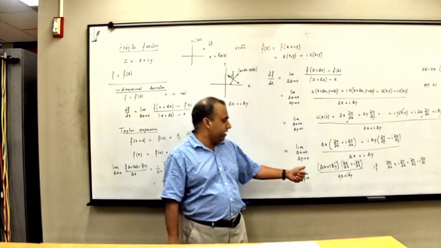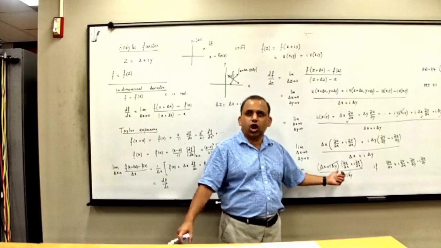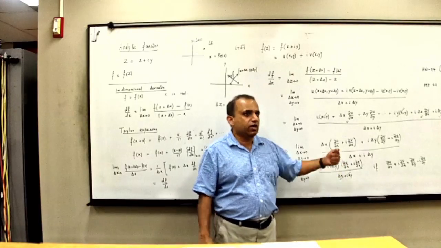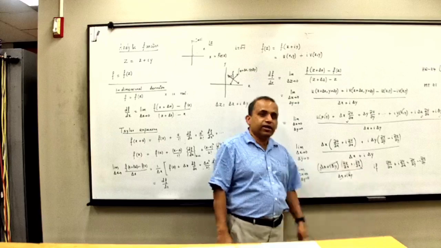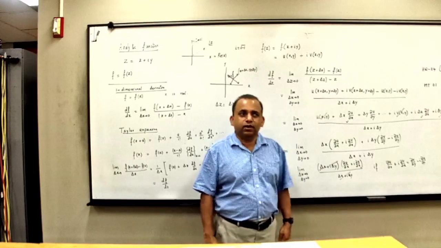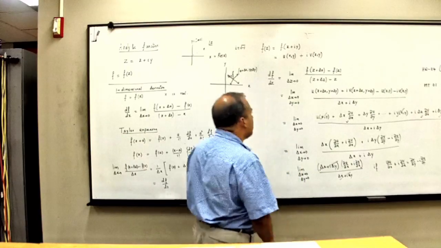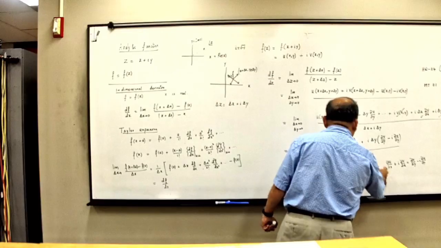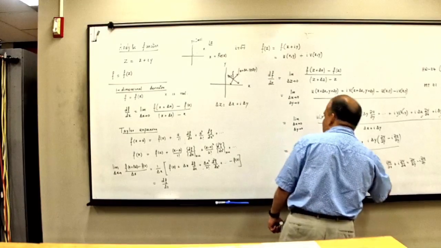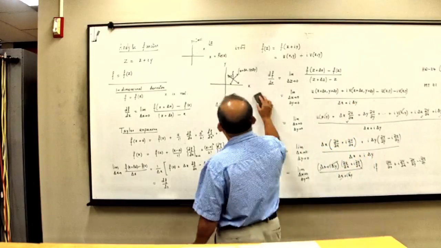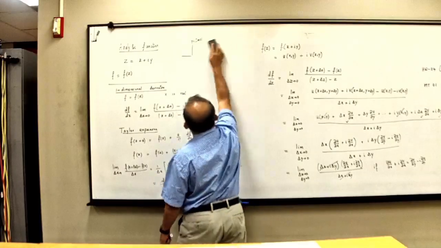If you want to define a derivative, that 0 over 0 should not be there. It should be approaching 1, and then the derivative is well defined. So that if condition, you have to capture that, and we want to understand what that means.